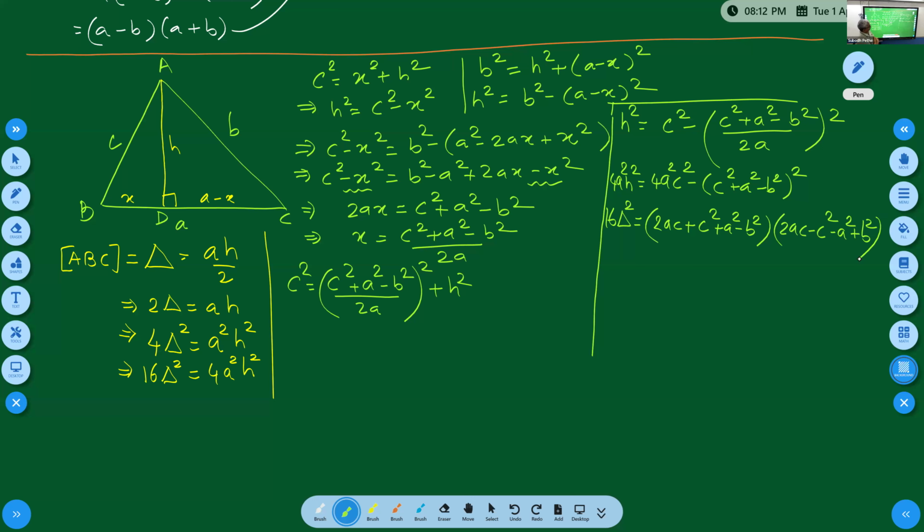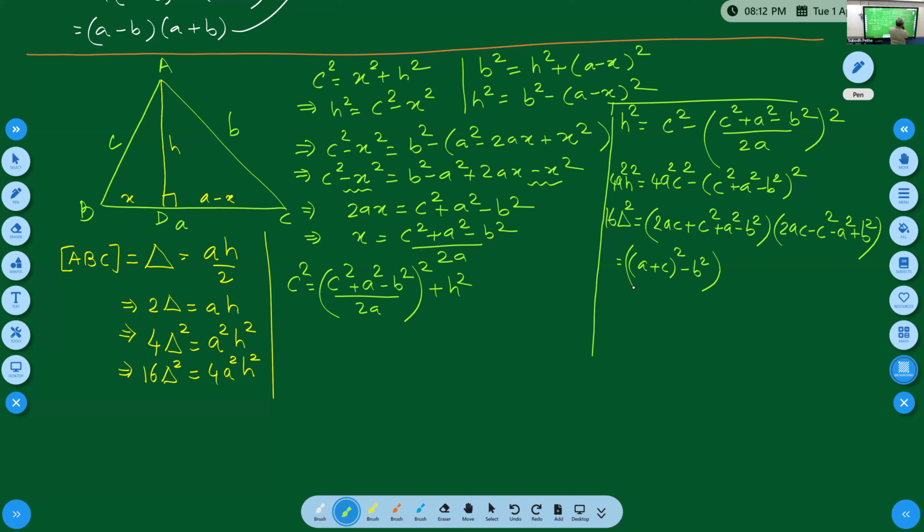बरोबर आहे. Which is equal to now a square plus 2ac plus c square, which is a plus c bracket square minus b square whole bracket complete.